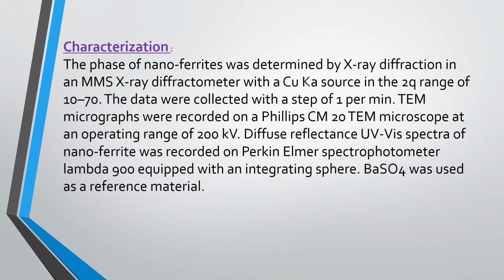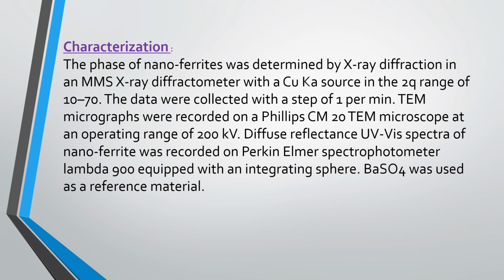And now, the characterization. The phase of nanoferrites was determined by X-ray diffraction in an X-ray diffractometer with a Cu Kα source in the 2θ range of 10 to 70. The data was collected with a step of 1 per minute.